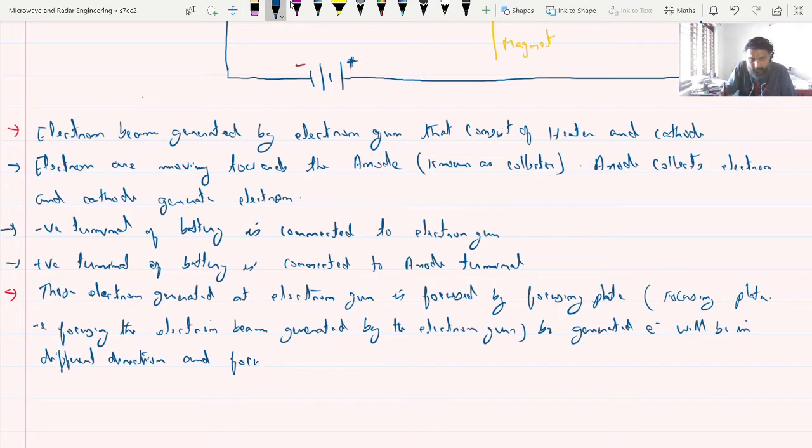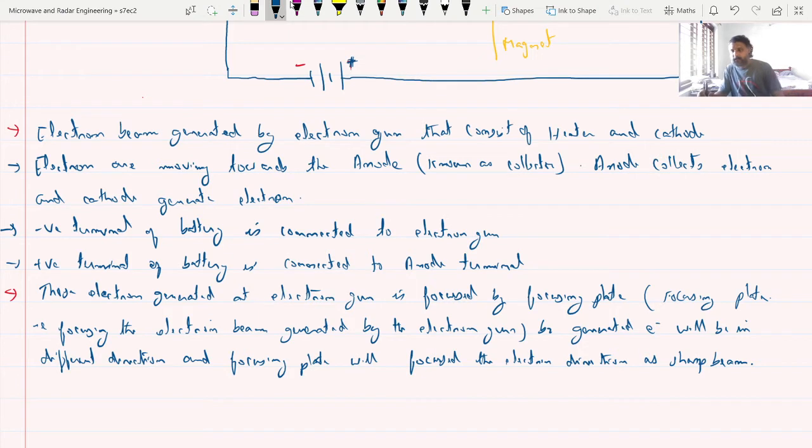The focusing plate will focus the electron direction as a sharp beam.